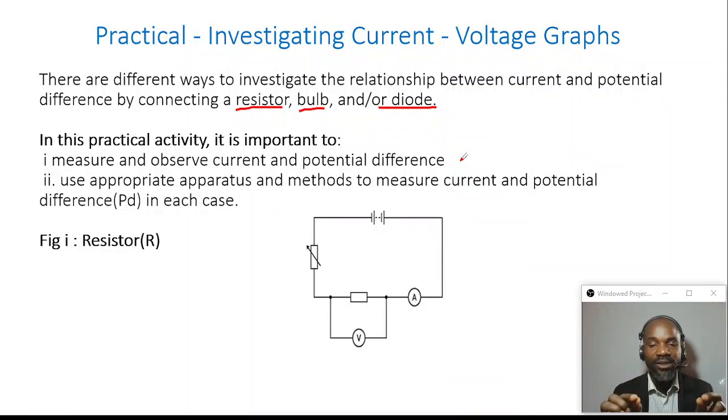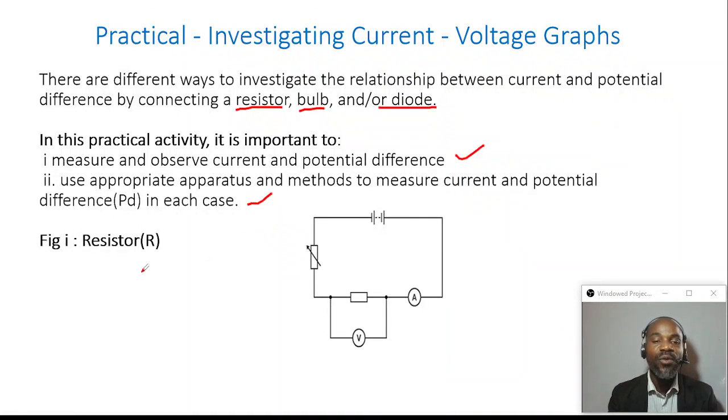Each of the components, be it a resistor, a bulb, or a diode, each time there is measurement going on, we must observe what is happening on the ammeter and what is also happening on the voltmeter. That's what it means. The second one is to use appropriate apparatus and methods to measure current and potential difference (PD) in each case. So that's what we're going to do.